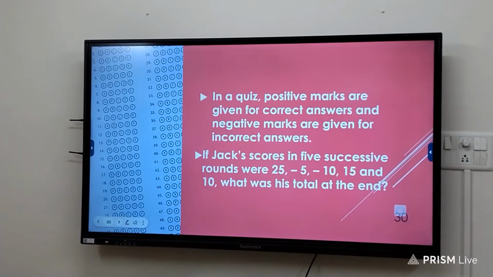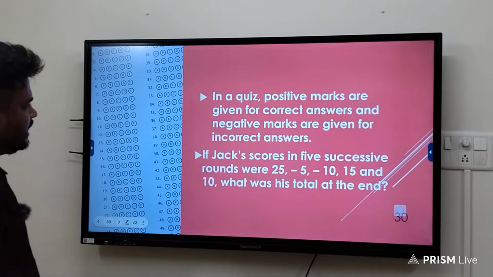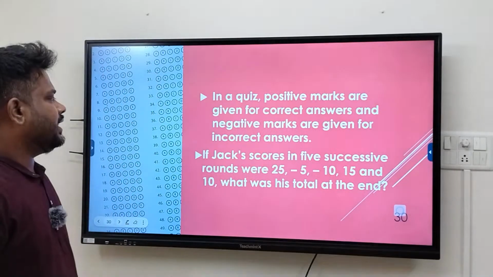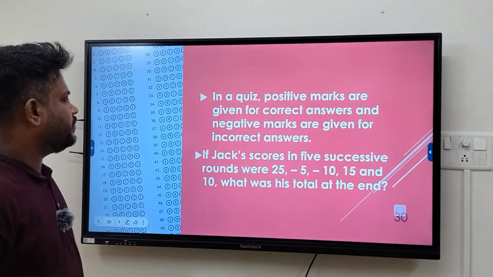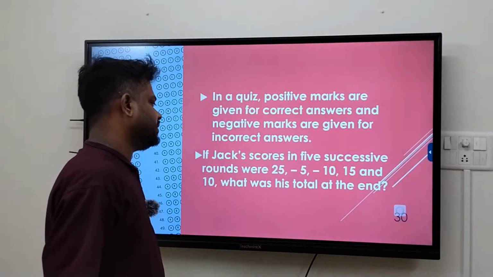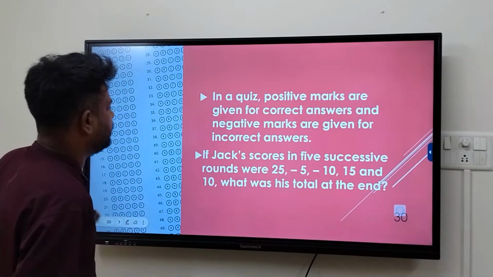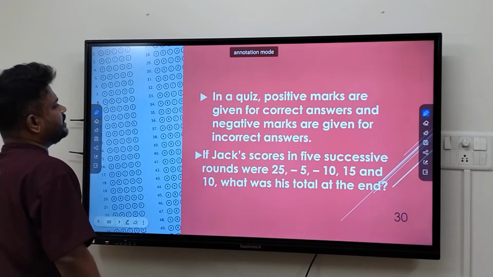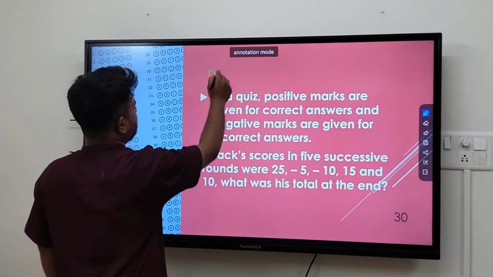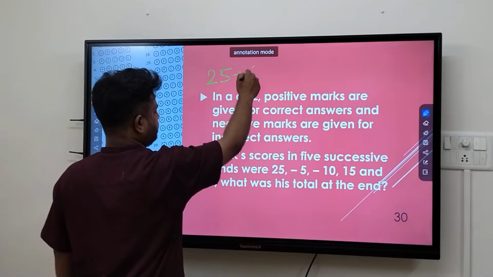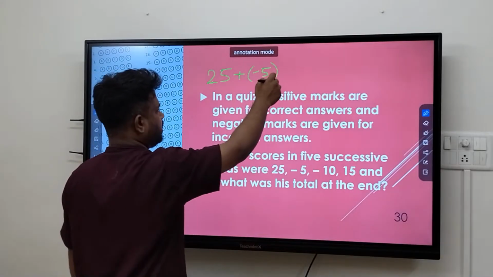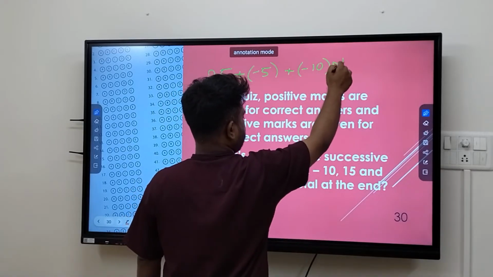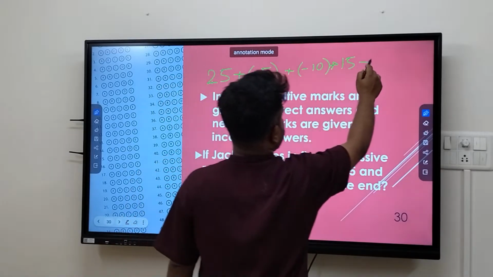In a quiz, positive marks are given for correct answers and negative marks are given for incorrect answers. If Jack's scores in 5 successive rounds were 25, minus 5, minus 10, 15 and 10, what was his total at the end? This one can easily be done by adding 25 plus minus 5 plus minus 10 plus 15 plus 10.